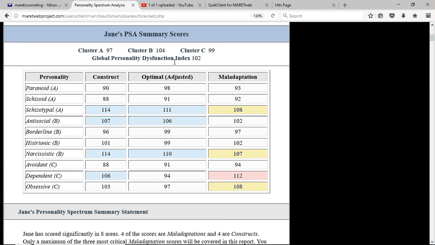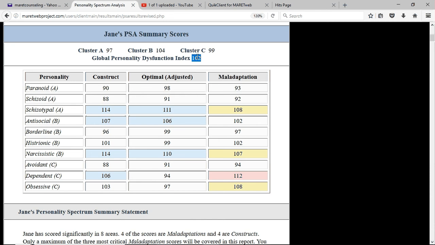One other thing here before I close out this section of the video. And that is this. This is a new addition. You haven't seen this before, even if you use PSA for a long time. But what this is, and I'm not going to go into the math, but it has to do with examining all of these scores. This shows you global personality crisis.